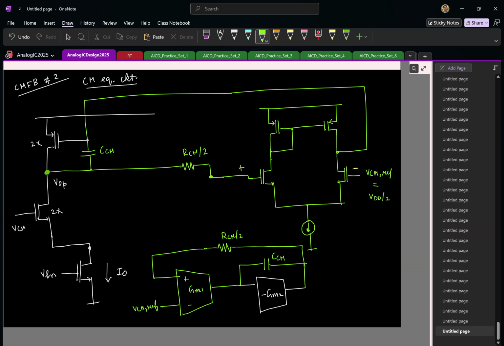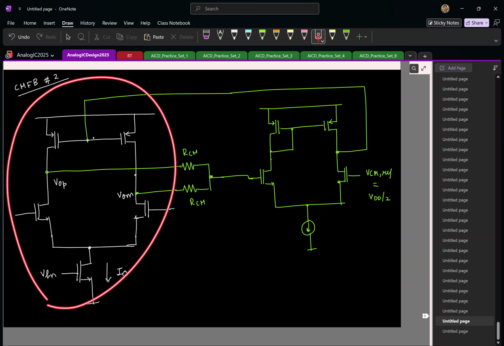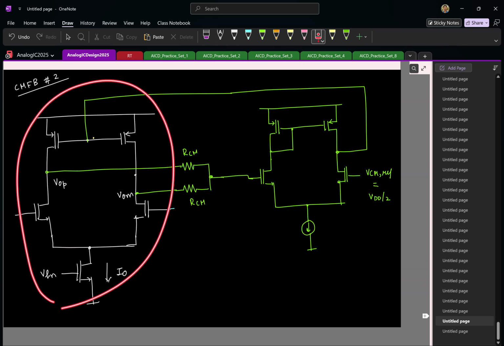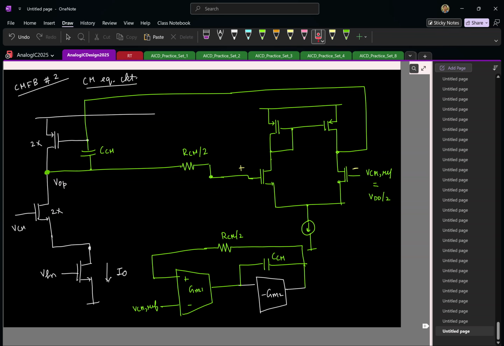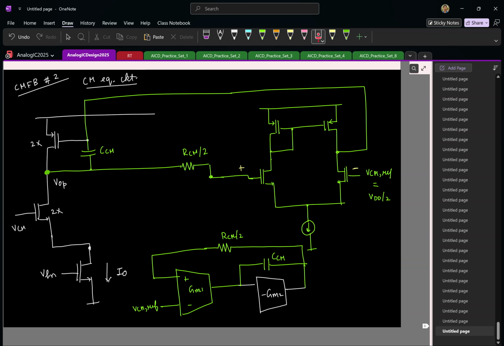Now again, just to clarify, remember that our actual differential amplifier is still a single stage OTA. Right? This is still a single stage OTA. But it turns out that to stabilize the common mode for this single stage fully differential OTA, I need another amplifier, which means for common mode signals, this overall combo behaves like a two-stage OTA. So the compensation you are doing is only for the common mode signal.